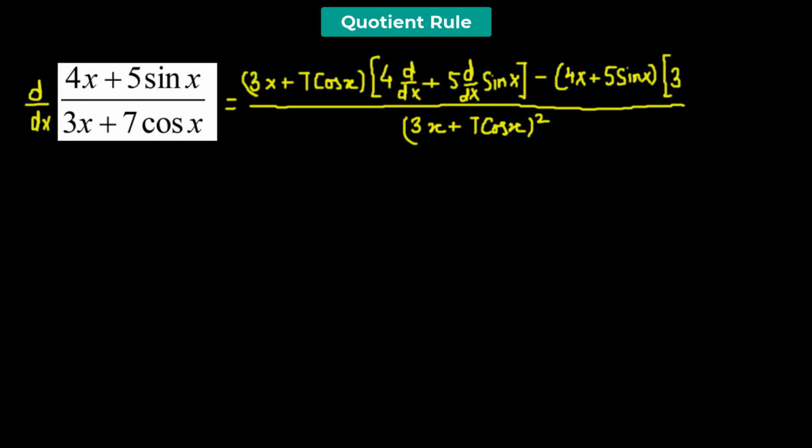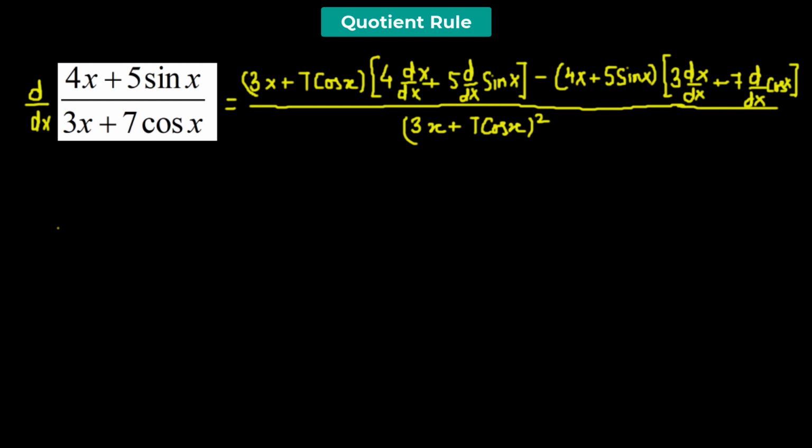So that will be 3 times the derivative of x, so here I've missed an x, derivative of x plus 7 times the derivative of cosine of x.